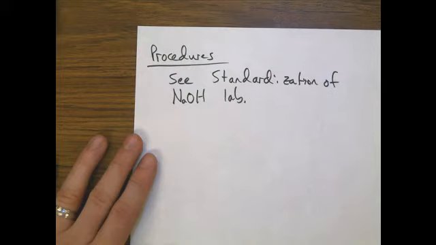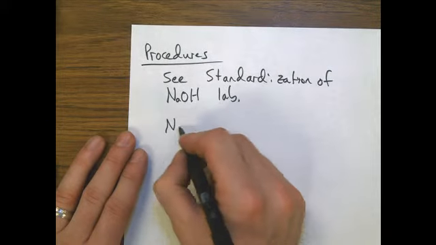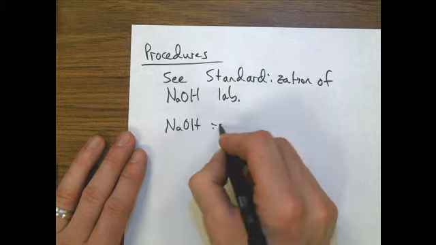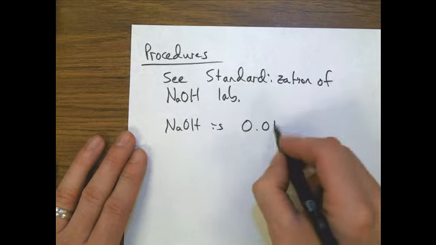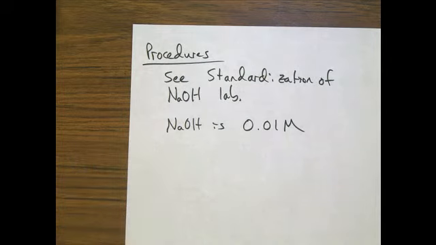Let's write that in our procedures. So back to our lab notebook. In our procedures, you're going to write that the sodium hydroxide is 0.01 molar. That's the concentration of your sodium hydroxide. Now you're going to have to figure out the molar mass. And the only way you're going to figure out the molar mass is knowing the mass of the acid plus the moles of the acid.